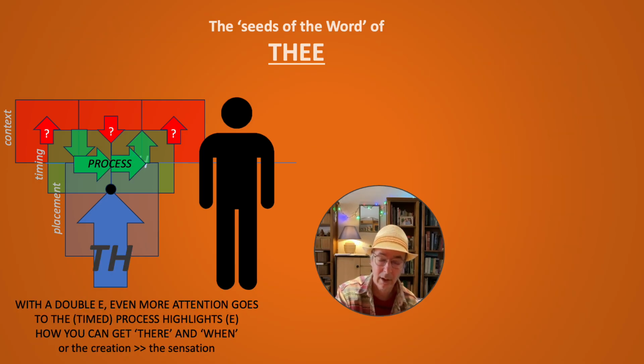The double E, then, as T, gives it not just attention to what I was already talking about, what was developing and so on, but even more to the whole time process, the highlights even. So the double E, the highlights, where you will see also what can be created out of it.